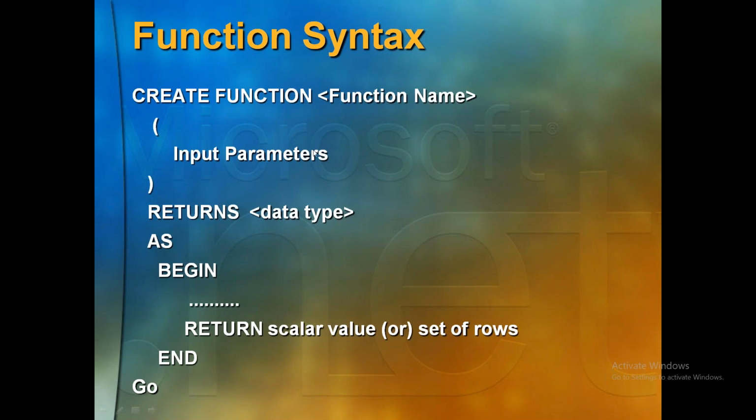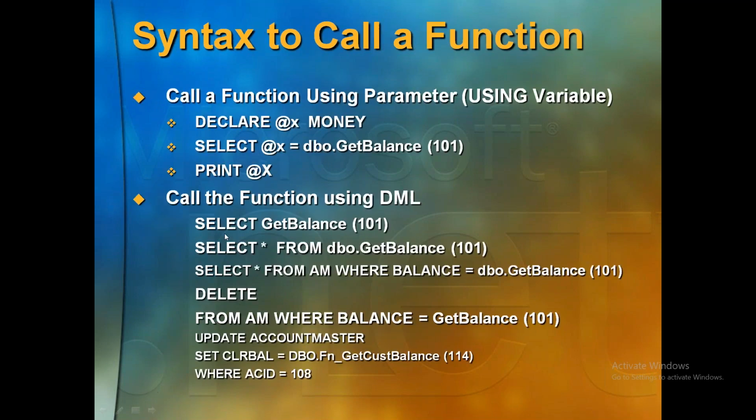Create a function name, with only input parameters and no output parameter. Returns is used to return the data from the function. As a begin, you can have a scalar, meaning a single value, or a set of rows. The function can be created like this, and can be called as part of select function name.